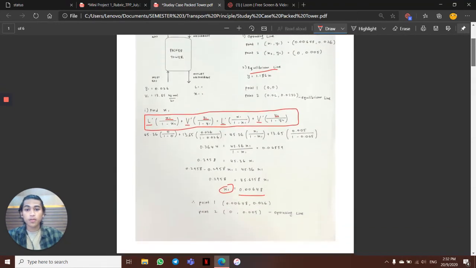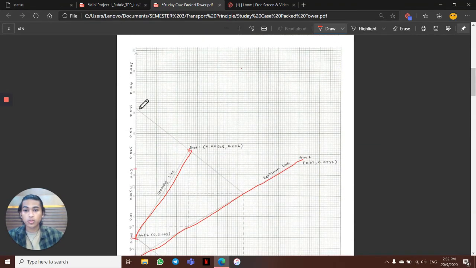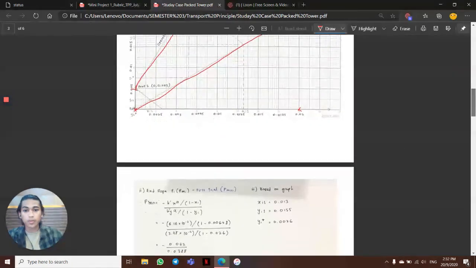so next we must find the slope. The slope is the gradient, a decreasing gradient, which touches the end of the operating line and the middle of the equilibrium line.